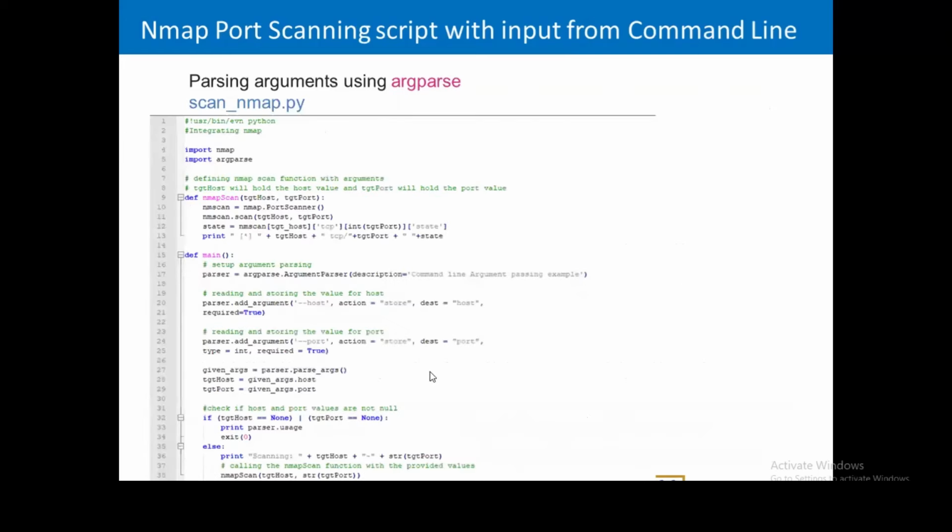Let's look at some of these sample scripts. This is just like the one we just did. If you look at this, instead of using argv, we are using argparse to parse these arguments. So study this script and run it.